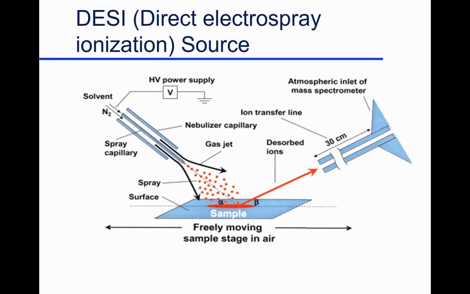This is kind of a fun one. DESI and DART are two methodologies that have come about fairly recently. And in this case, for DESI, desorption electrospray ionization, what we do is we take a solvent and nitrogen gas, put a very, very high charge on it, and we have our solvent, reagent gas, hit the surface of the sample, and some ions will be formed in the process, and they bounce off, just like playing billiards, right?